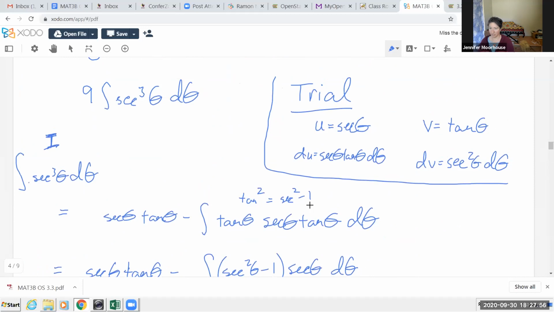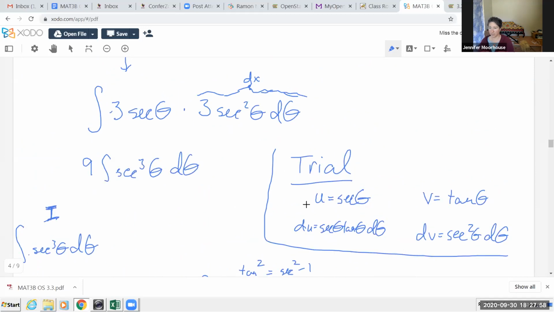All right, so all of this was a little aside, because what we wanted was this 9 times the integral of secant cubed.